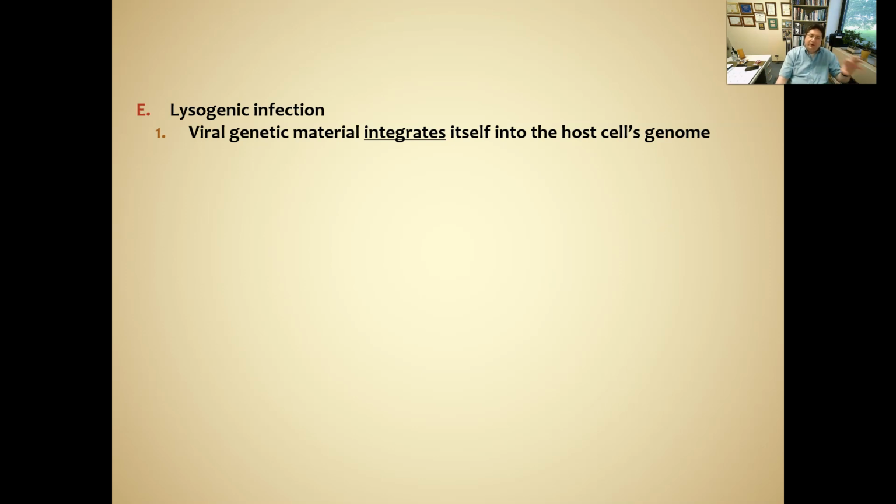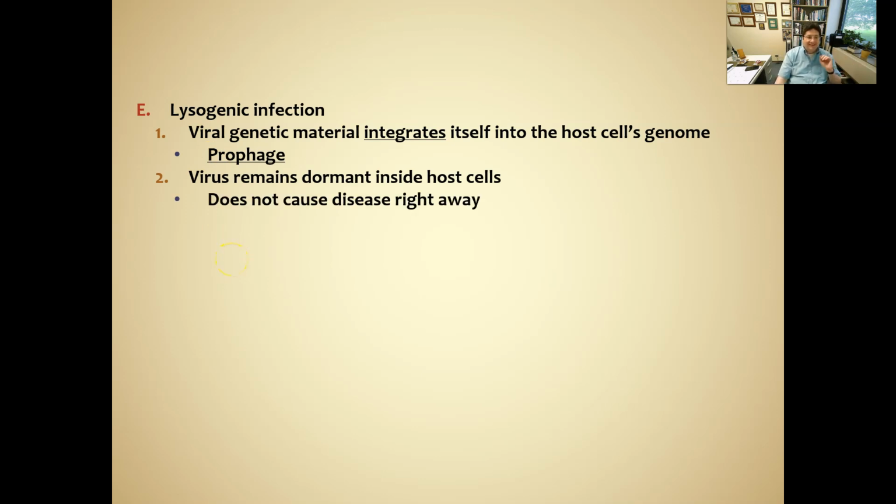Once it's inserted into the host cell's genome, we call it a prophage. And now it can remain dormant. So the virus remains dormant inside the host cells and does not cause disease right away. In fact, it can remain dormant for long periods of time.